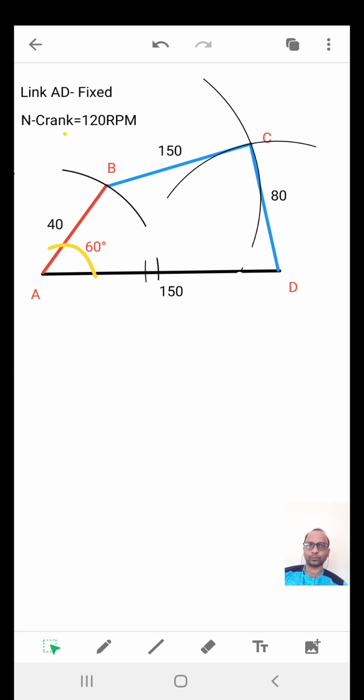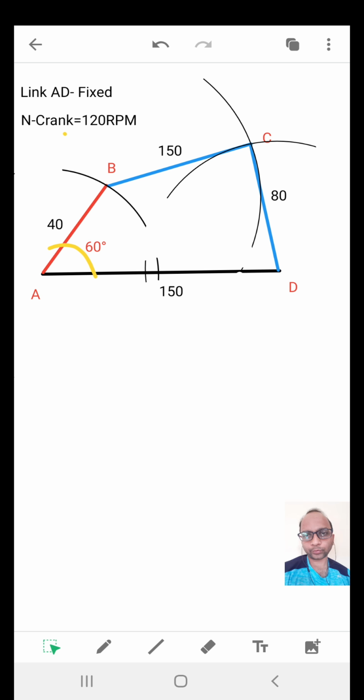So first of all, draw this 4-bar chain mechanism as a space diagram by using some geometric instruments. First of all, draw a circle, crank radius of 40 mm. Draw an arc, and after that measure a 60-degree angle AB from point A.